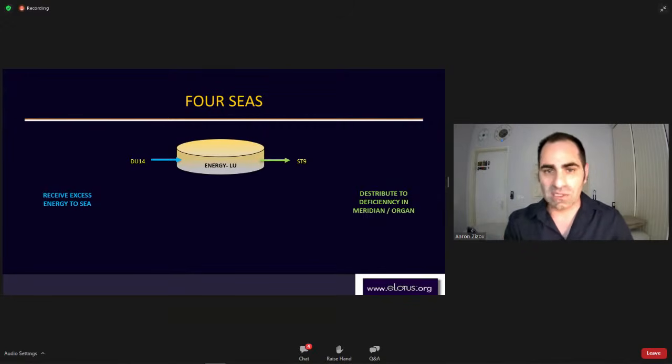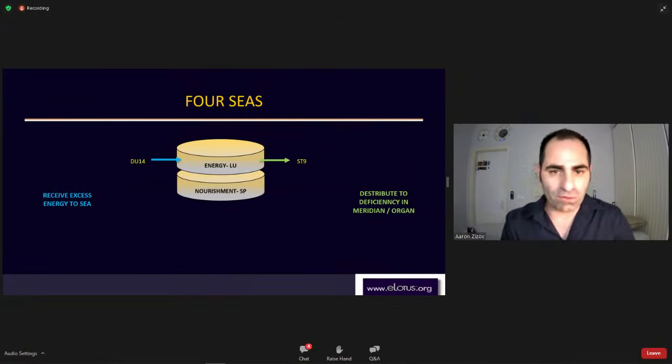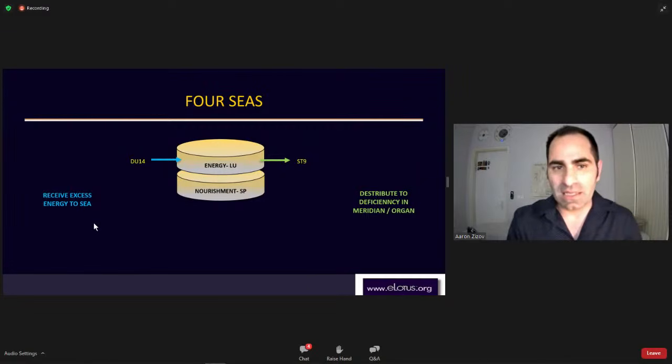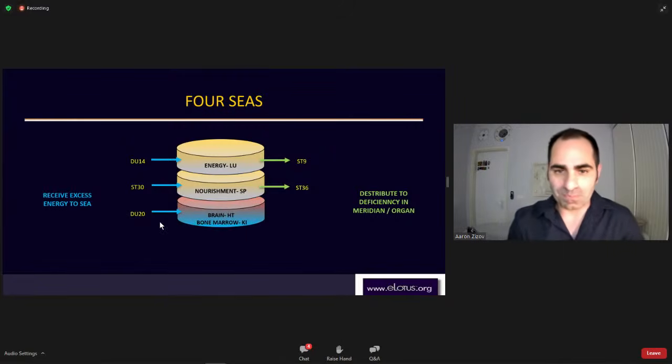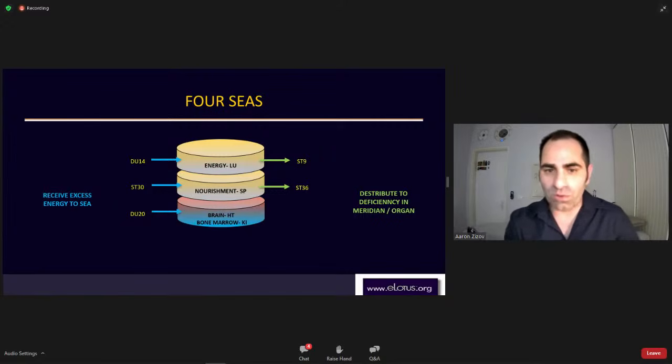Okay, and then we can use stomach 9, for example, in order to use this sea of energy. Same goes for the nourishment sea with stomach 30 to receive the excess from the body, and to distribute it to the body with stomach 36. Okay, and then brain and bone marrow.